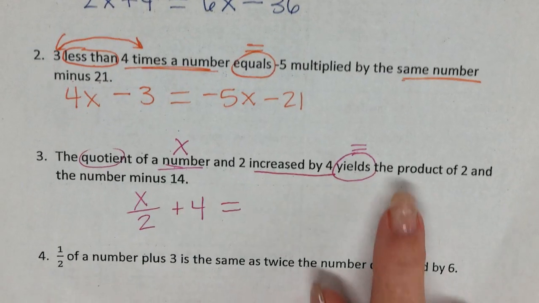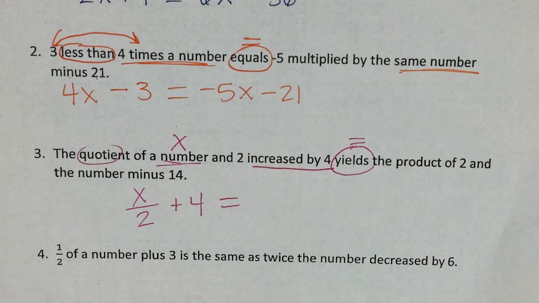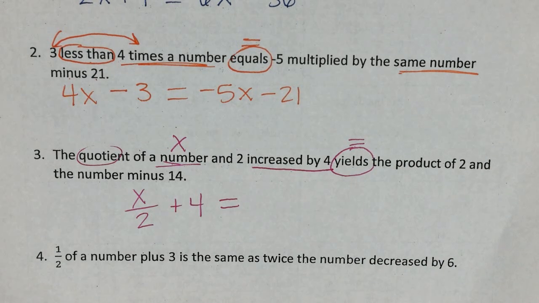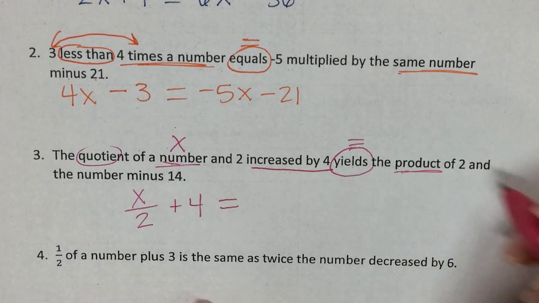Now I'm going to give you all a second to do the right side, the product of 2 and the number minus 14. Go find the word product and see what it means. Okay, what does product mean?